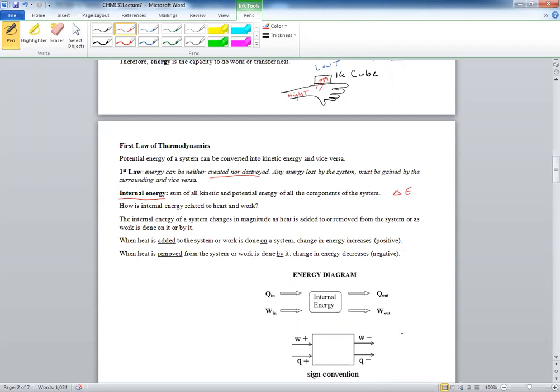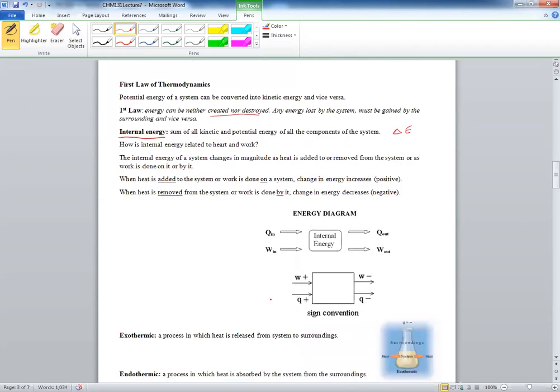So here is a very important concept to remember: the internal energy of the system changes in magnitude as heat is added or removed from the system, or as work is done on it or by it.